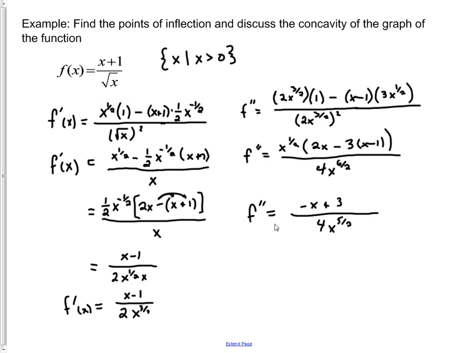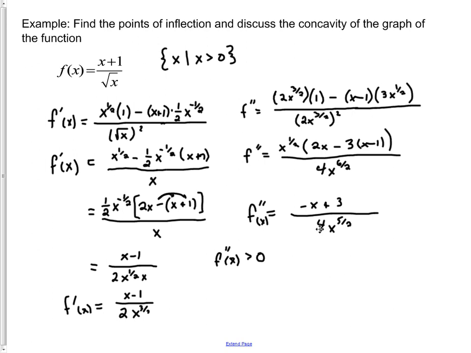Interesting. Okay, so our job now is to use this function to help us determine where we get positive and negative. And of course, we're looking for changes in concavity where f double prime of x either changes from negative to positive or positive to negative. So we're interested in intervals like where is f double prime of x greater than 0.